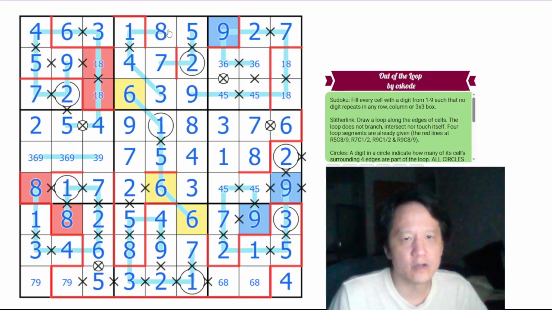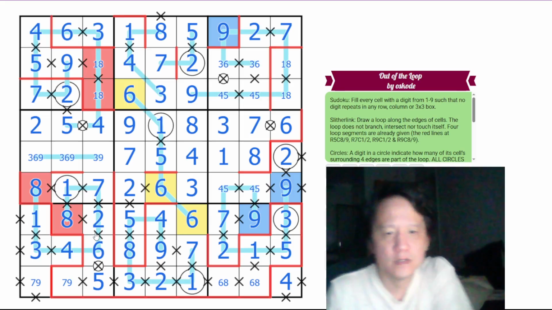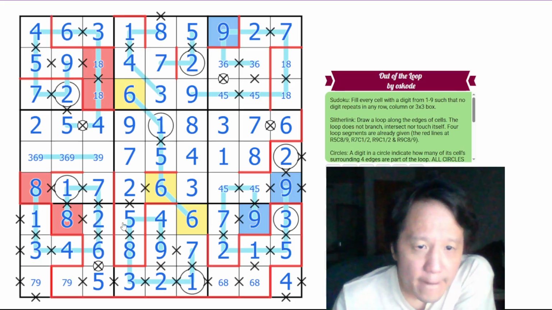So it cannot go here. Obviously none of these are valid. This is not valid, neither are these. This is not valid, obviously. It can't go in here because it would get stuck. Can't go here because it would get stuck. Hmm.